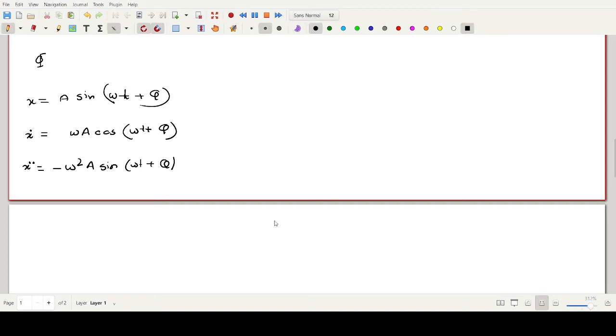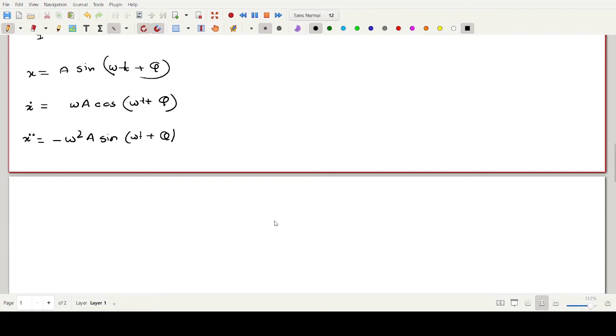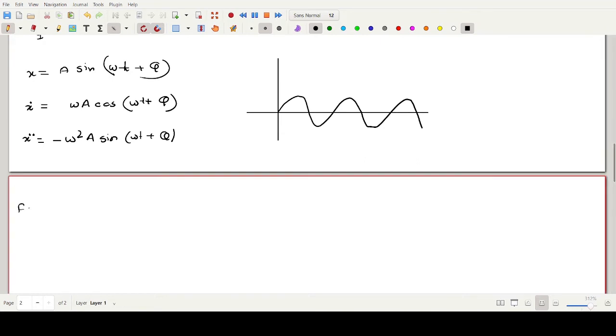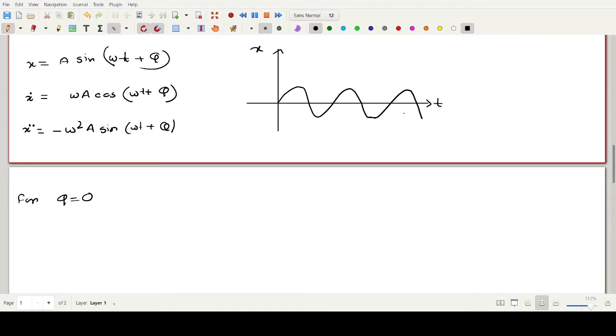Now if you plot x equals A sine omega t plus phi, let's say phi equals 0. So for phi equals 0, this is the x versus t graph. Now what should be the form of v versus t, or x dot?